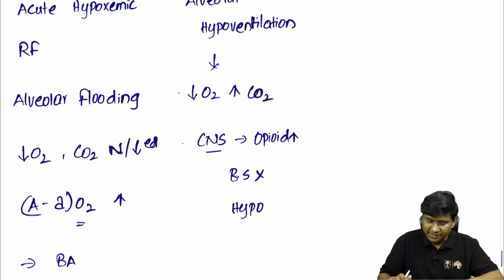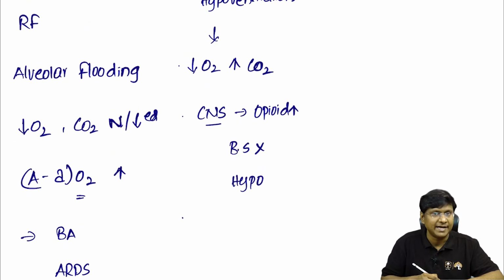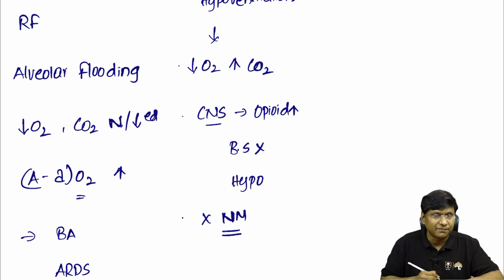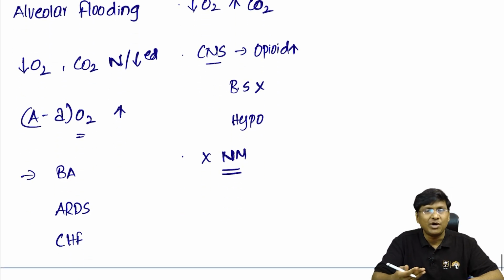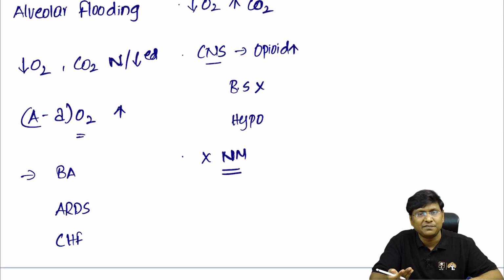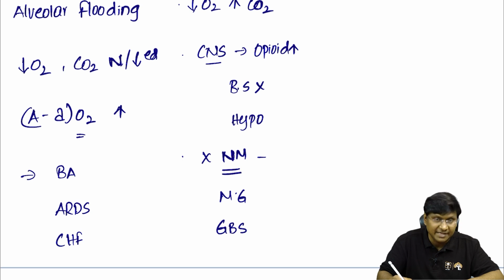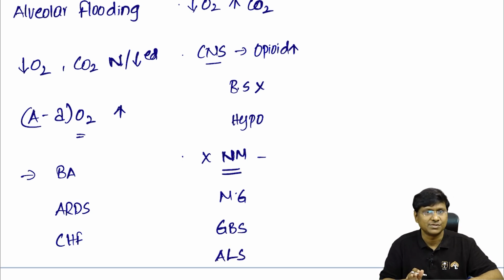And the second important condition which will be causing alveolar hypoventilation is impairment of the neuromuscular transmission, right? Now, what are the conditions where there is impairment of the neuromuscular transmission? It is in patients with myasthenia gravis, Guillain-Barré syndrome, amyotrophic lateral sclerosis, right?